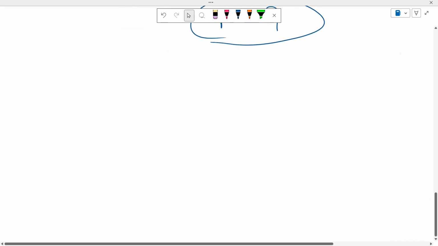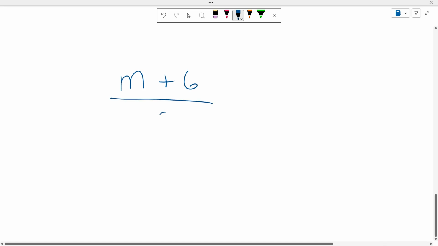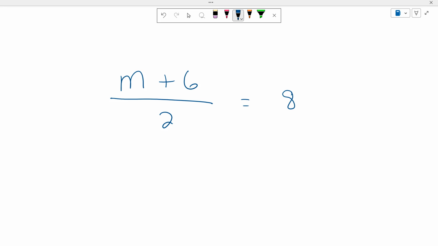Okay, this will be a tricky question, so pay attention. On this one, the fraction bar works like a grouping symbol.